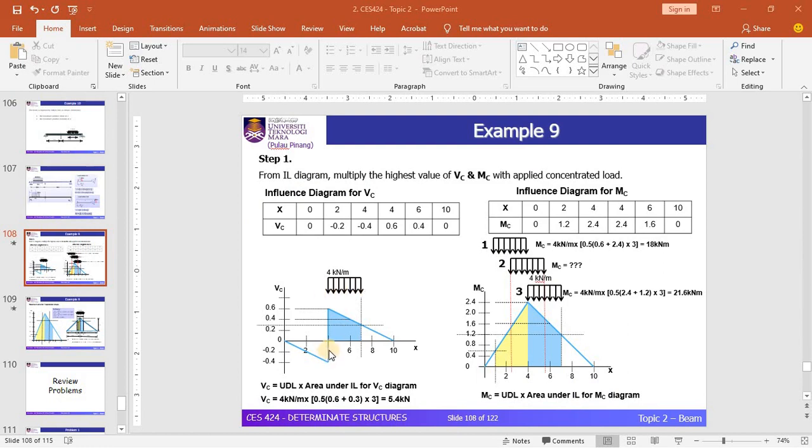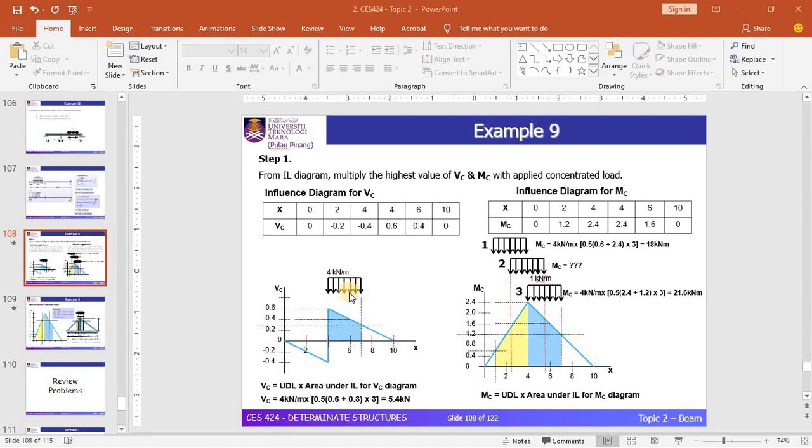By looking at this diagram, we can see that this is a negative region, this is a positive region. For sure, you need to place this UDL in this manner, what you can see in the slide. These positions will give the maximum value of shear force at point C.